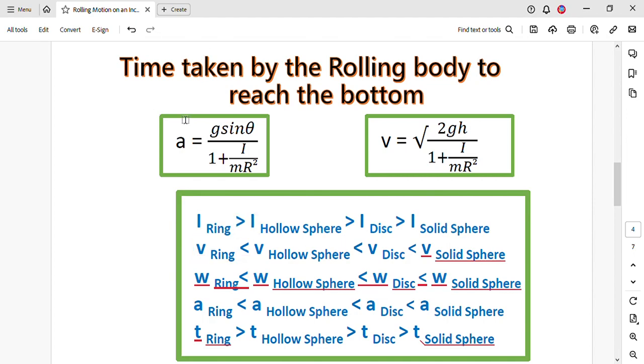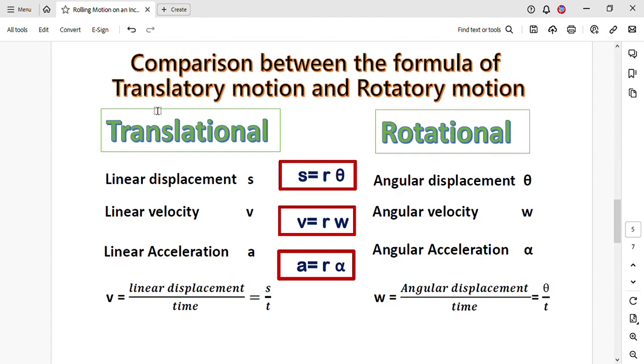Now next, we come to the comparison between the formulas of translatory motion and rotatory motion. We define linear displacement as s and angular displacement as theta, and the relation between them is s equal to r theta.